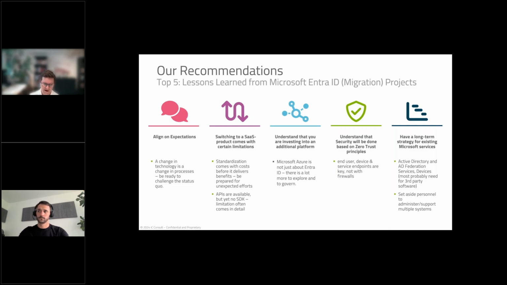You need to adapt to that, especially to the APIs and the SDKs that are available. We've just recently seen a change in the AD PowerShell, which is now moving to the Graph PowerShell SDK. It's all things you need to keep in mind. You're no longer just solely focused on the stuff you're doing yourself, but you might have a larger product in the background which needs to fit into your overall strategy.